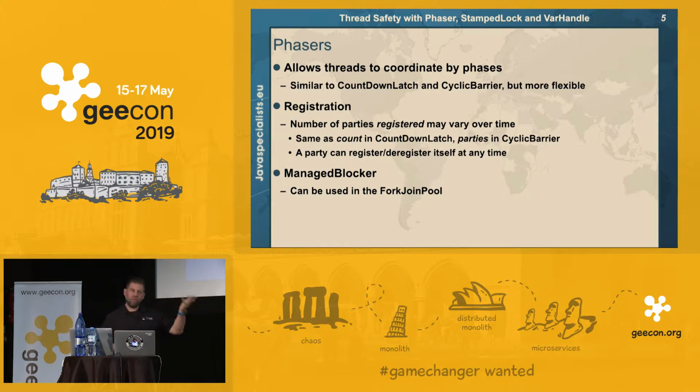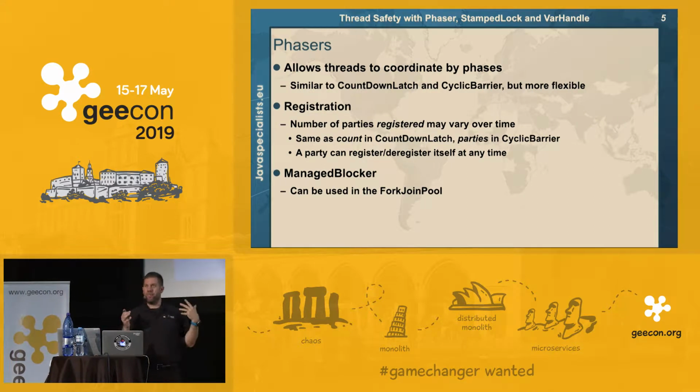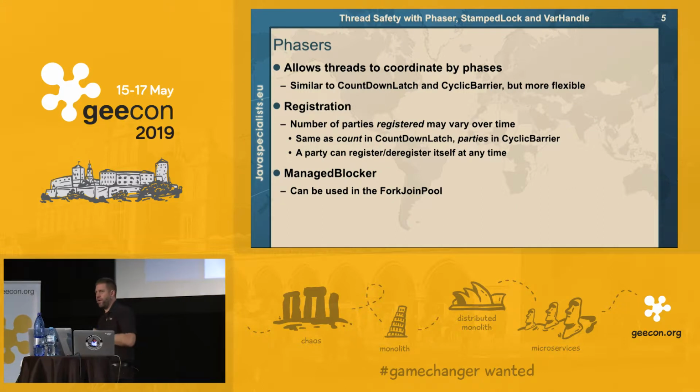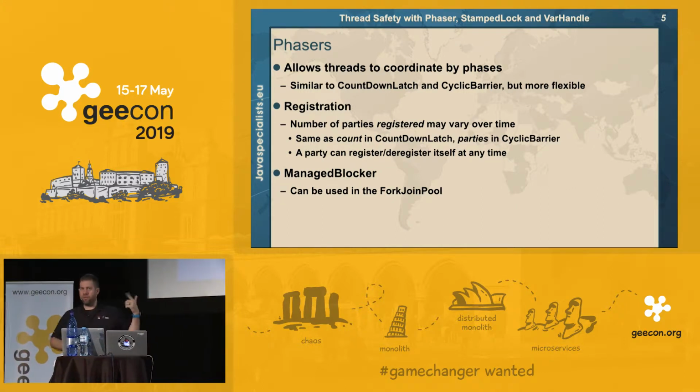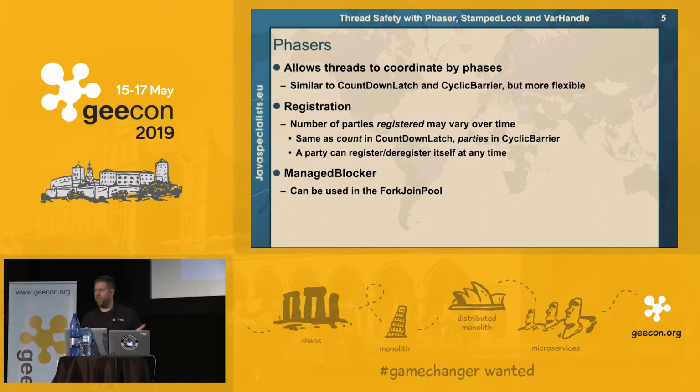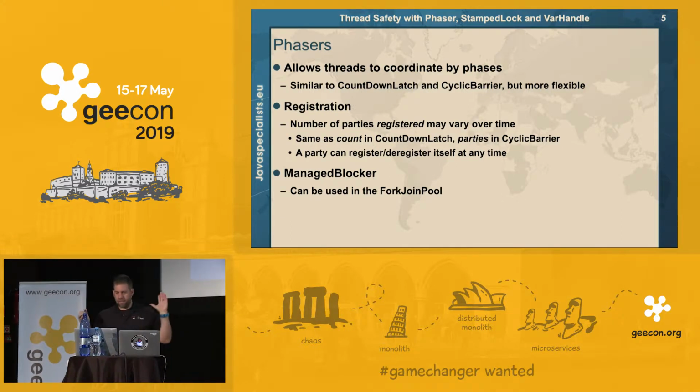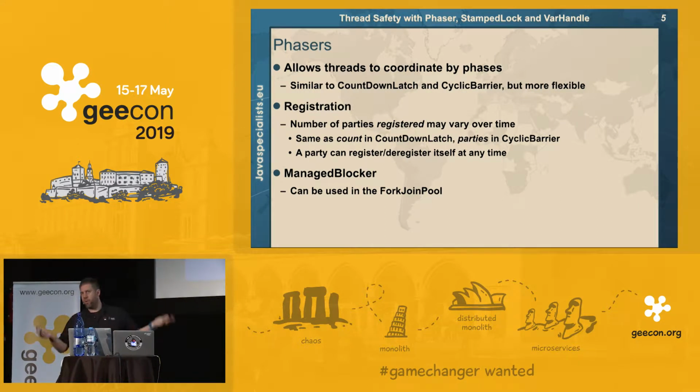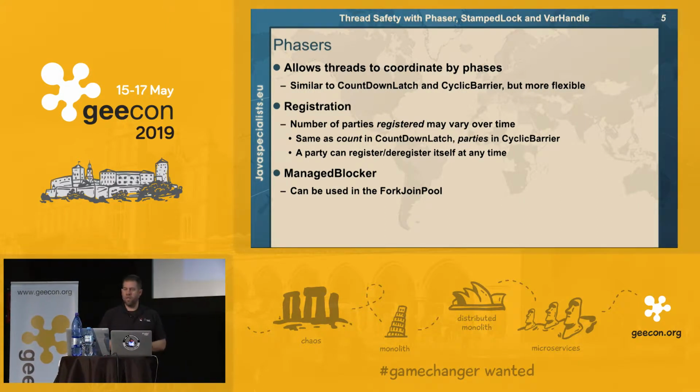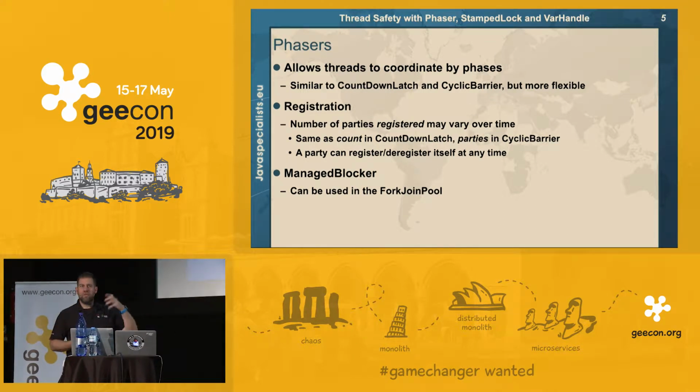So there are only a few classes which really integrate with ForkJoinPool. One of them is Phaser, another one's CompletableFuture, and there's, I think, one other one now. But which means that you can use it safely within any constructs which happen to work within a ForkJoinPool. So, for example, if you need to block whilst inside a parallel stream, Phaser would actually work.